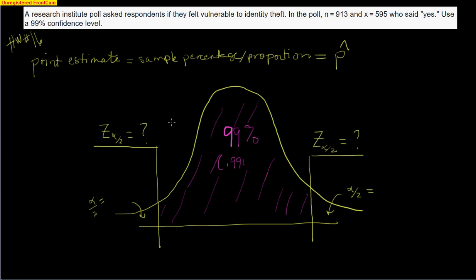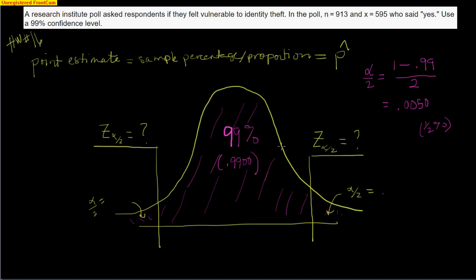This is 0.9900. Alpha over 2, the area outside, is equal to 1 minus the 0.99 inside, divided by 2, because it is broken up into two equal parts. If you work that out on your calculator, you get 0.0050. In other words, it's just 0.5% in each side.